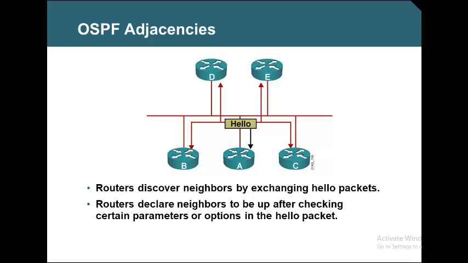Not only that, after forming neighbor, they share the updates, they exchange the updates, they get fully synchronized. As I said earlier, the database will be identical within an area. Any router you check the database of OSPF, it will be the same. After they form a fully synchronized identical database, the hello packets are kept on sending in order to maintain the neighbor.